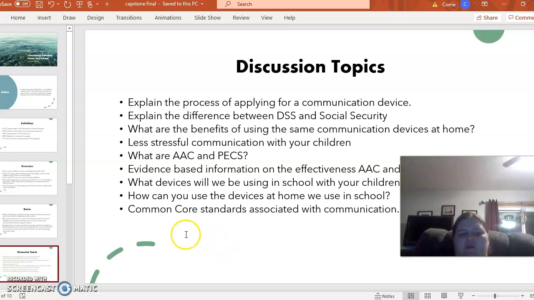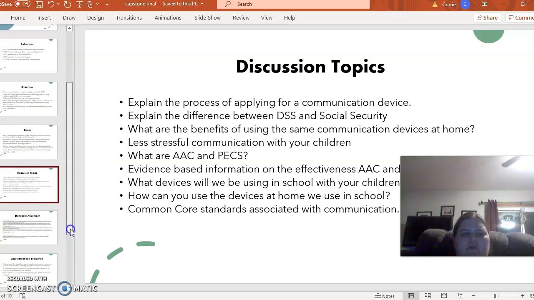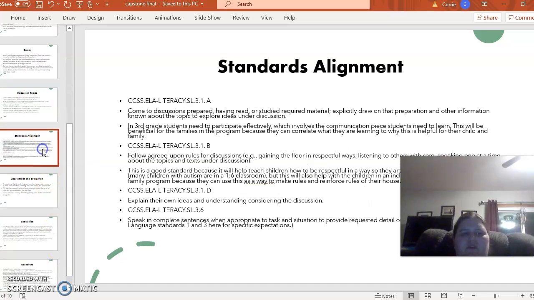I also incorporated the Common Core standards that align with communication. The first one basically talks about coming to discussions prepared.